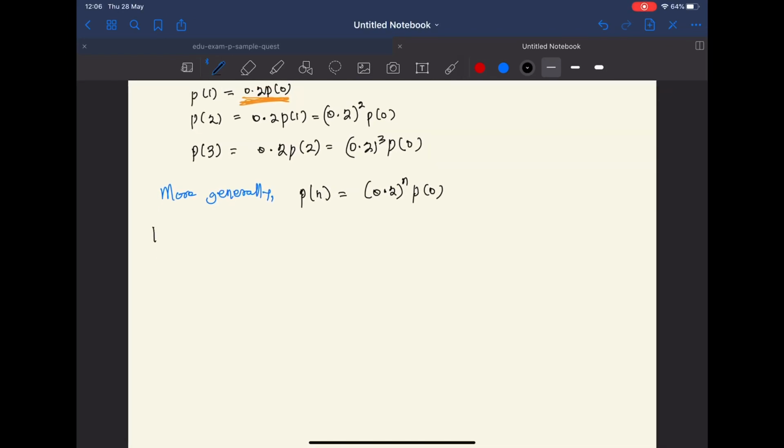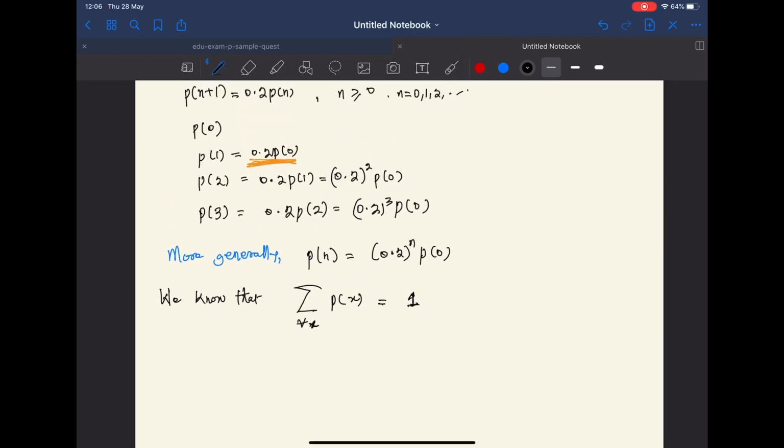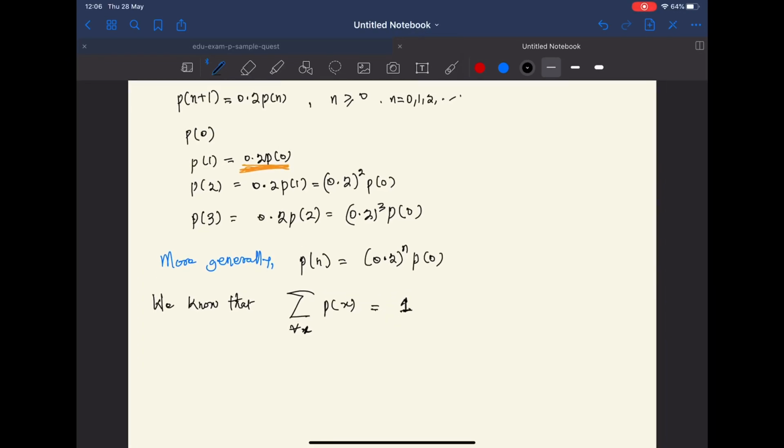Now, we all know that if we sum across all values, say x, of the probability of x, then we have 1 as our answer. So the sum across all values in the interval of p of x is 1.